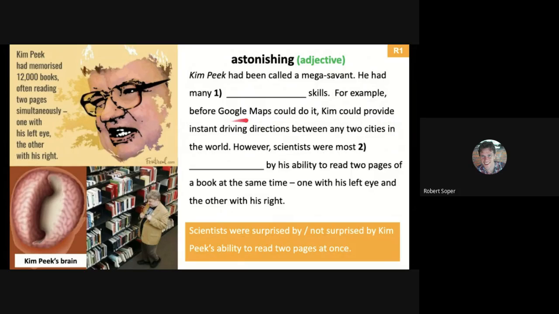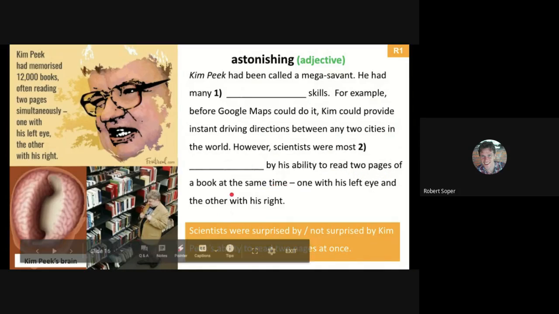For example, before Google Maps could do it, Kim could provide instant driving directions between any two cities in the world. However, scientists were most astonished by his ability to read 2 pages of a book at the same time, one with his left eye and the other with his right.